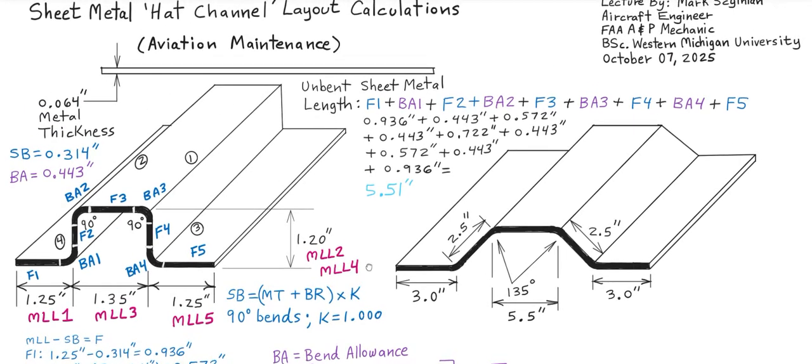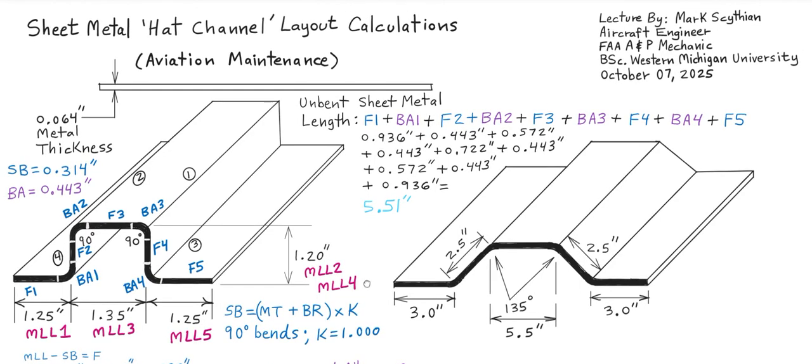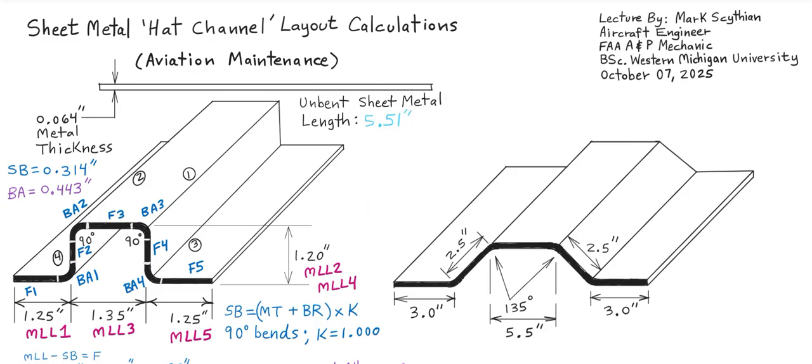However, to interpret that correctly with respect to aviation maintenance structural tolerance, we have a 1/32 plus or minus tolerance in aviation maintenance. So that is 0.03125 inches. So if we were to subtract this value, we could, without even doing the calculation, know that it rounds to 5.5.